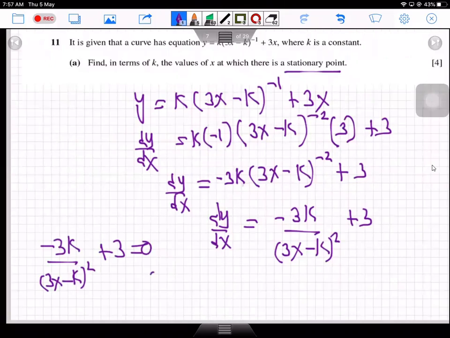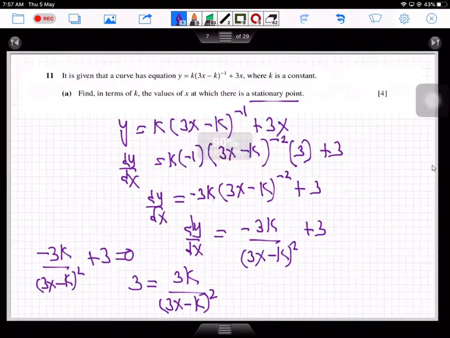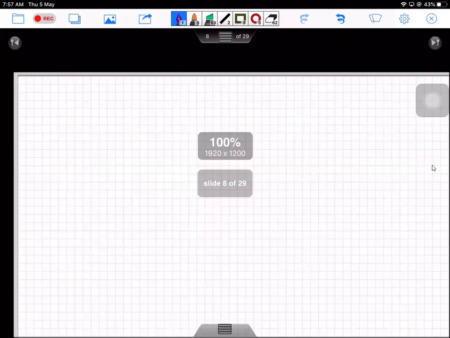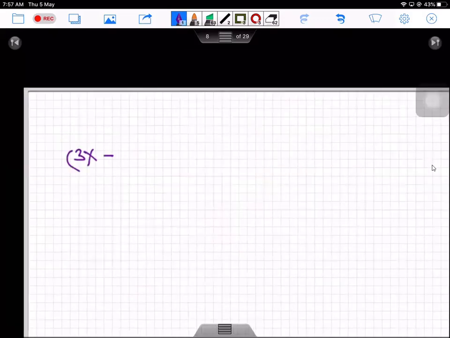So this becomes 3 is equal to 3k divided by (3x minus k) the whole thing square. When (3x minus k) whole square is made the subject of the equation, (3x minus k) whole square is equal to 3k over 3. So this 3 and 3 cancel out. Therefore, (3x minus k) whole square is equal to k.